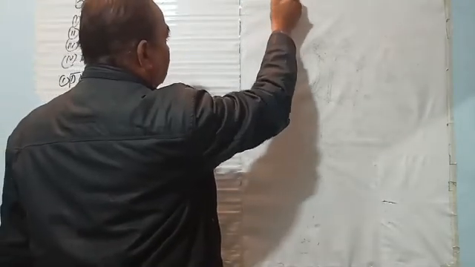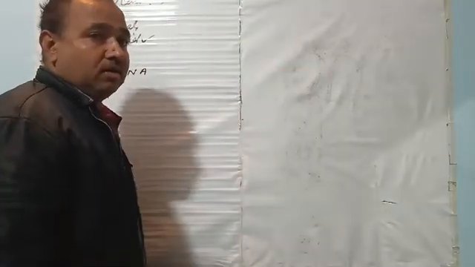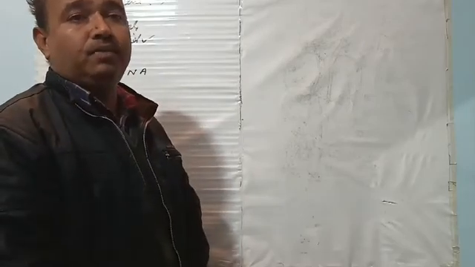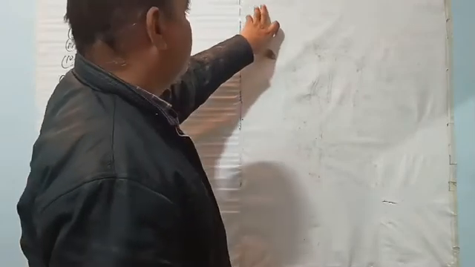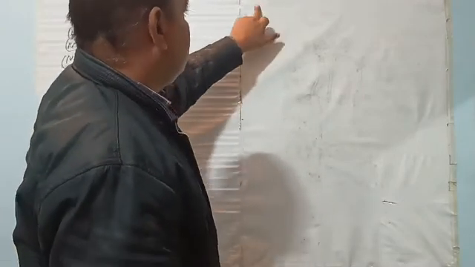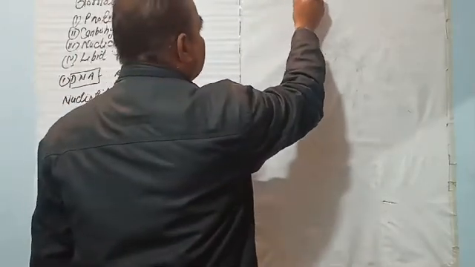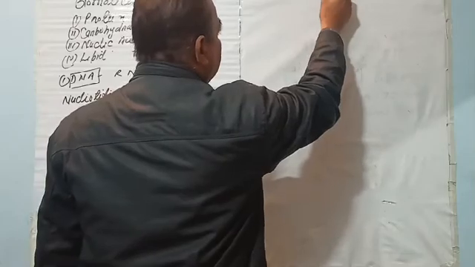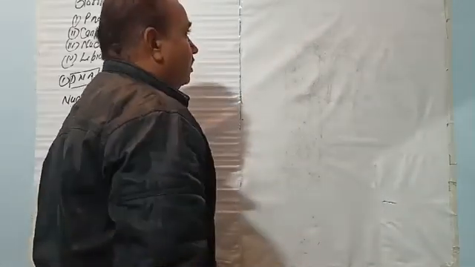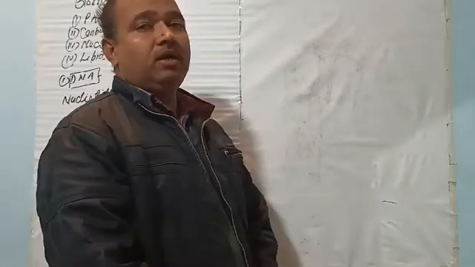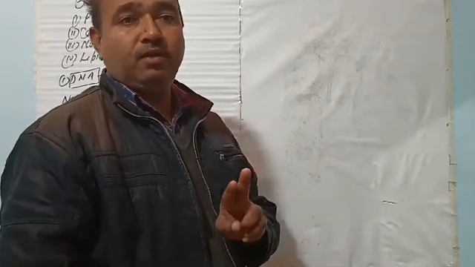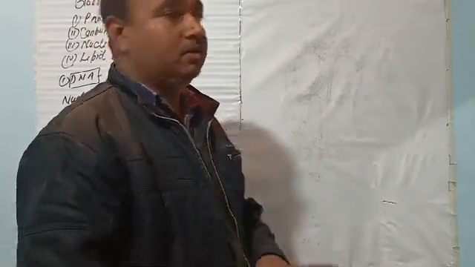DNA is a large macromolecule and it is made up of three basic components. Its repeated unit is called the nucleotide, and each nucleotide is made up of three different types of components.